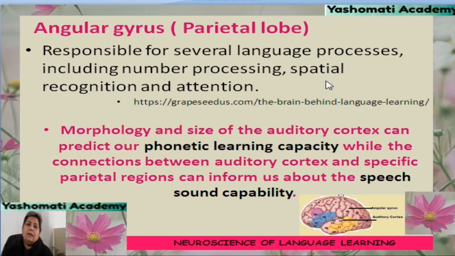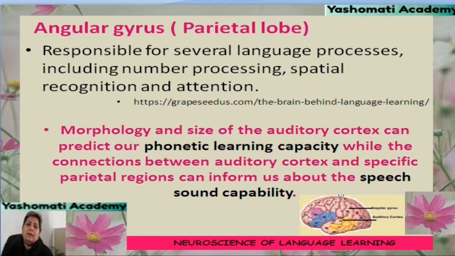Alexia is a situation in which there is partial or complete loss of ability to read. The learner is not able to read normally, and in some cases it is almost impossible for him to read, or it is very slow, and comprehension is also impaired.